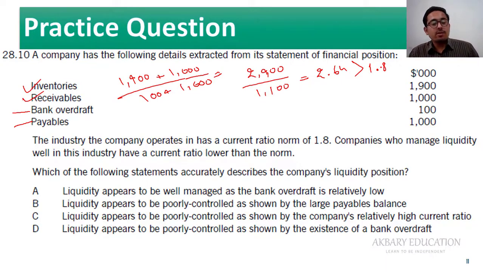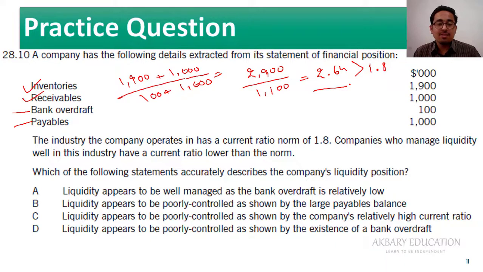Option C, liquidity appears to be poorly controlled as shown by the company's relatively high current ratio. So the company's liquidity position appears to be bad because they have a higher ratio than the norm. It seems to be a good response, but let's check D too. Liquidity appears to be poorly controlled as shown by the existence of a bank overdraft, but the overdraft is only $100,000.